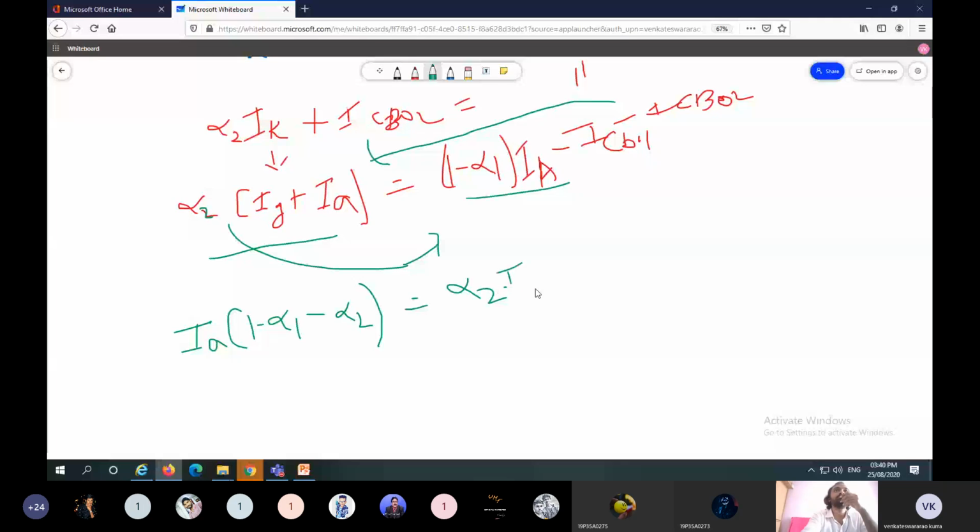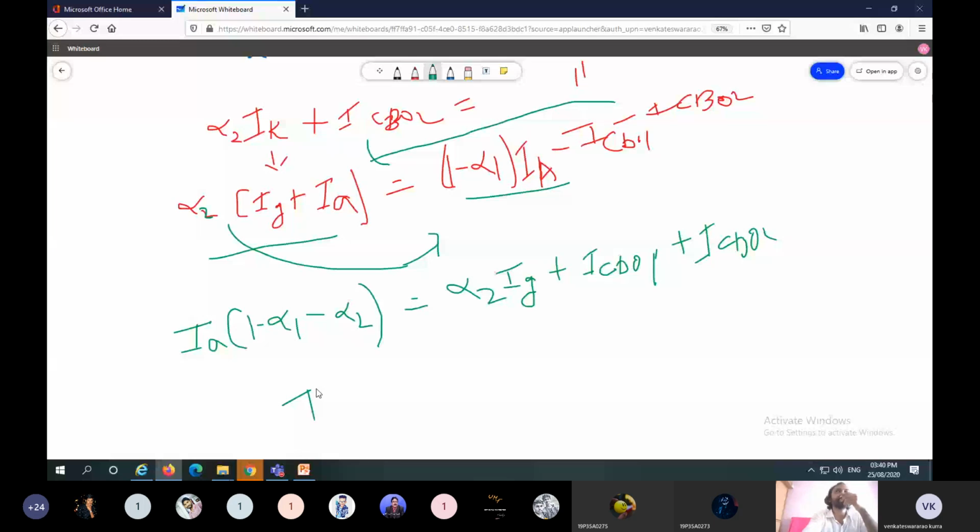Alpha 2 IZ plus ICB01 plus ICB02. So from that, anode current IA equal to this value by 1 minus alpha 1 minus alpha 2.